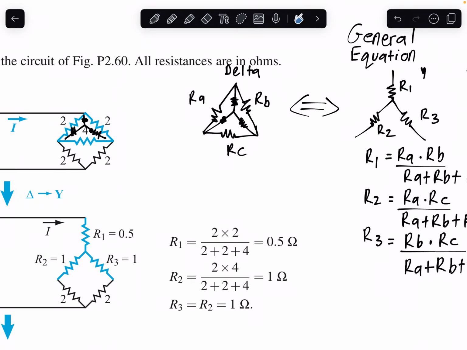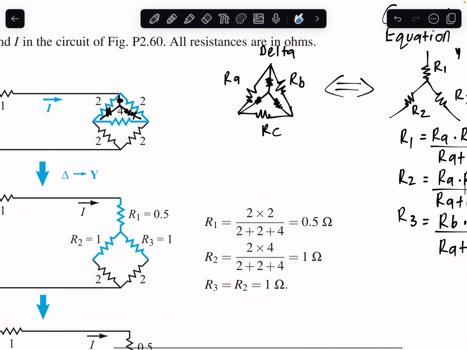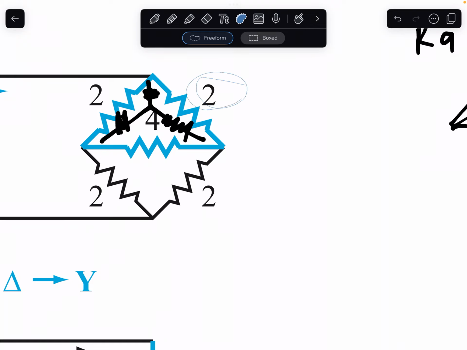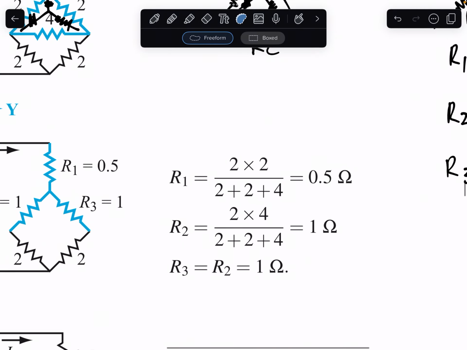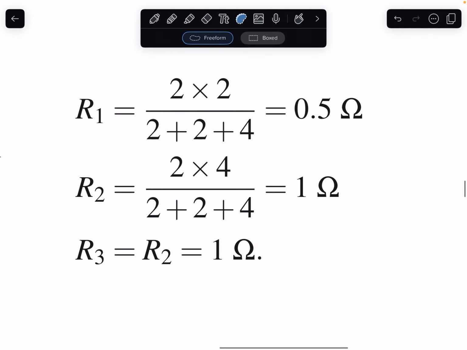So it will be the 2 times the 2 over the summation of all resistors. And R2 will be the resistors in between, which is this 2 right here, and this 4 over the summation. And in this case, R3 has the same values as R2, so it would also be 1 ohm.